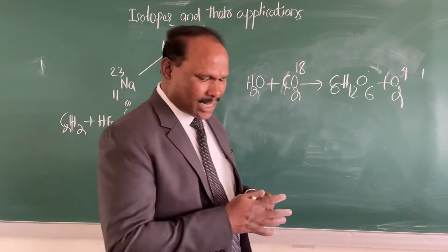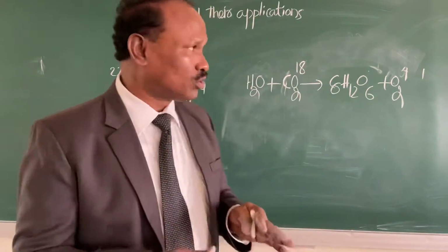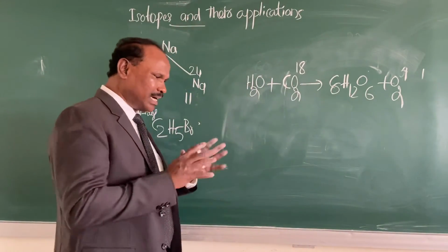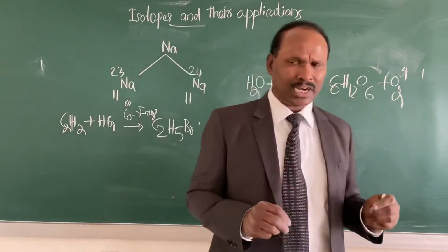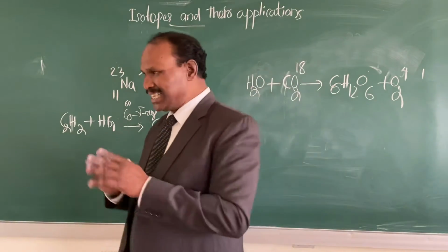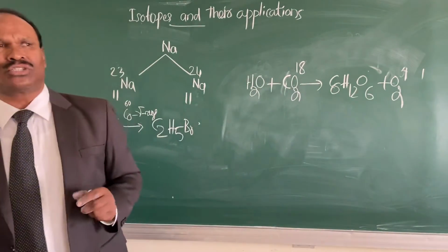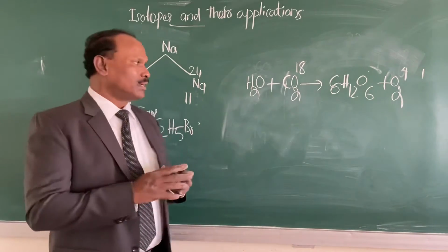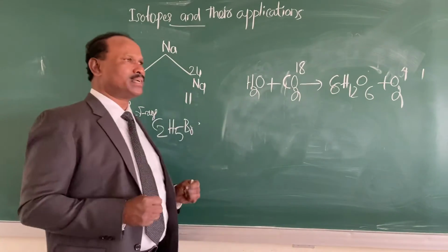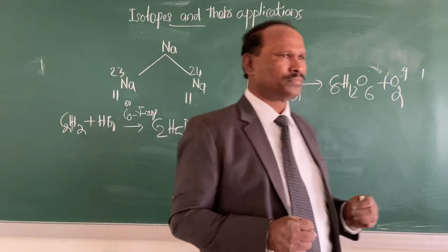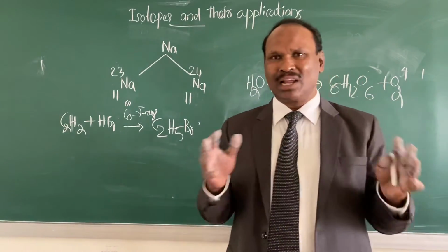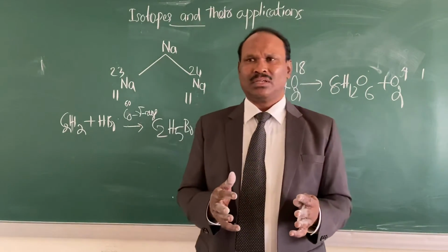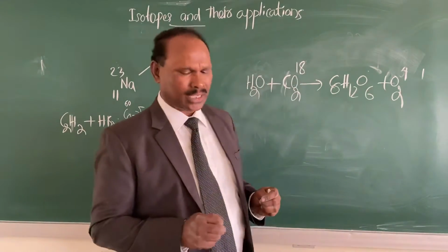And another application. Remember, so far we have studied what? In the medical field these radioactive isotopes are used. In the industrial field, in the agricultural field, and just now we studied that in the biological field also they are used.